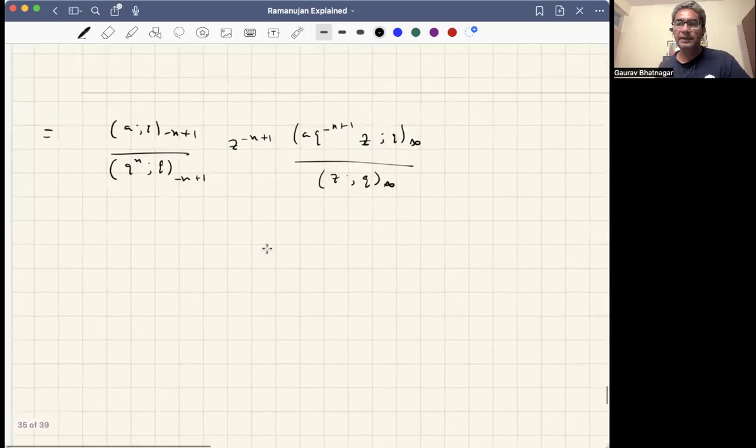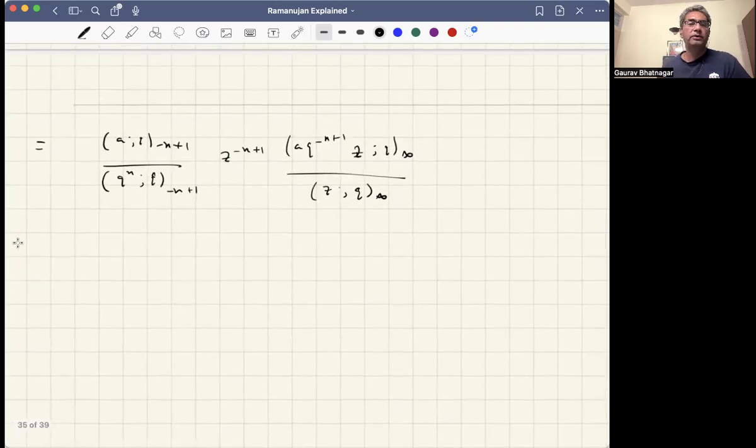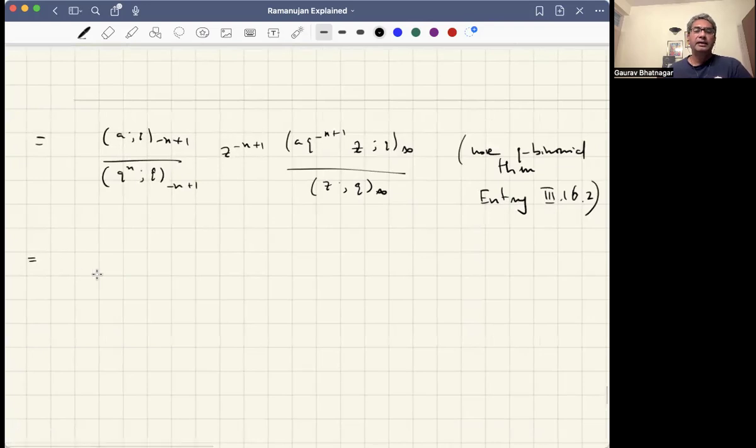So we've got an expression using the q-binomial theorem, which we know. So we use the q-binomial theorem, which was entry 3.16.2 of Ramanujan. And then there is a series of small steps that you can take. Let me say this is an exercise.